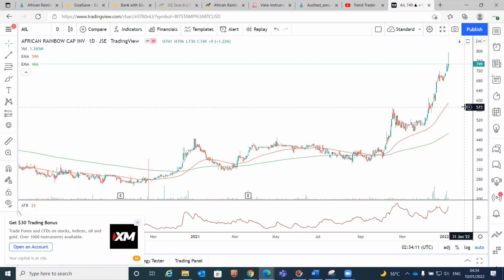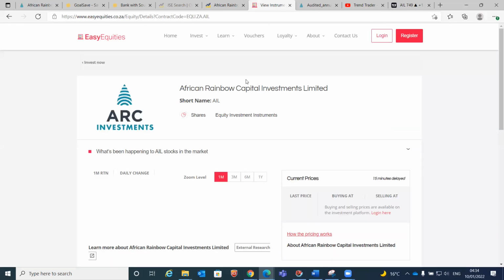But for long-term investors, you can give it a bit of leeway and then maybe have your stop loss somewhere around R6 per share. And then we showed you that you can buy TymeBank on EasyEquities or any other broker just by looking for the share code AIL, but the full name is African Rainbow Capital Investment. And then yeah, that's it.